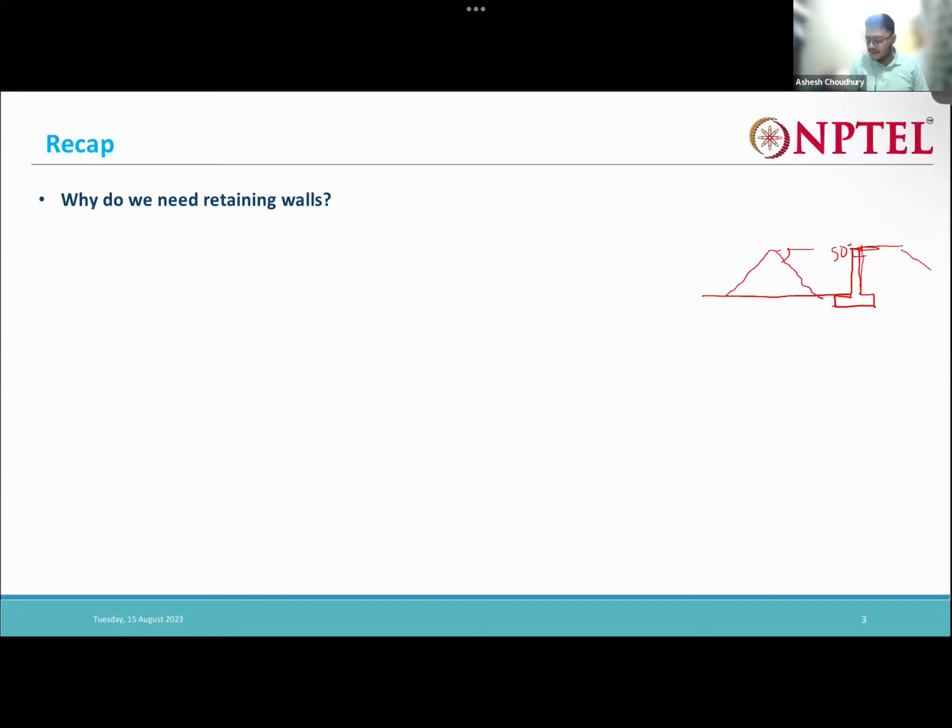Now, obviously, if we are providing some support here, the tendency of the soil is to flow, to take its stable configuration, right? That is, it tends to form like this, right? It tends to flow. So what will happen in that case? The soil will actually put some pressure on the wall, right? That pressure is nothing but the active earth pressure.